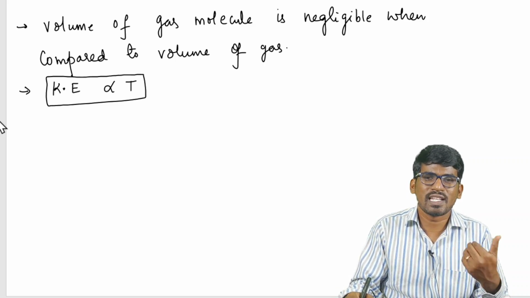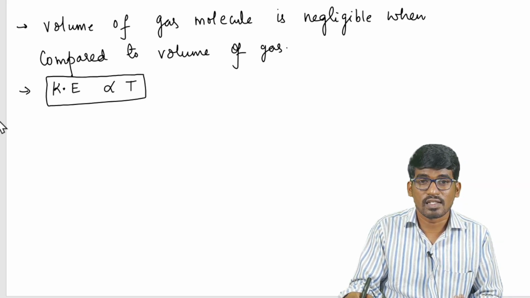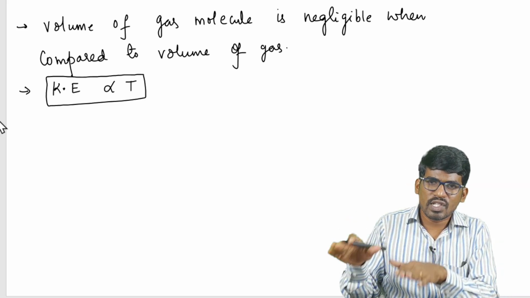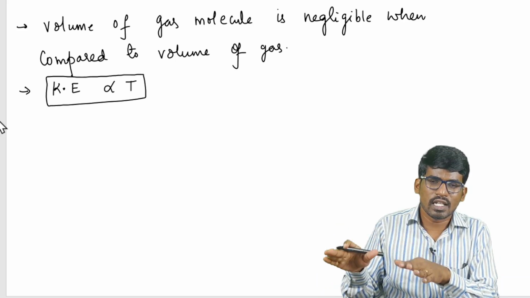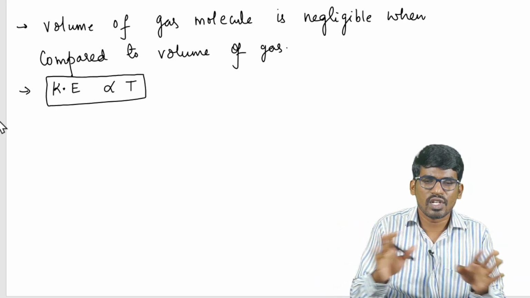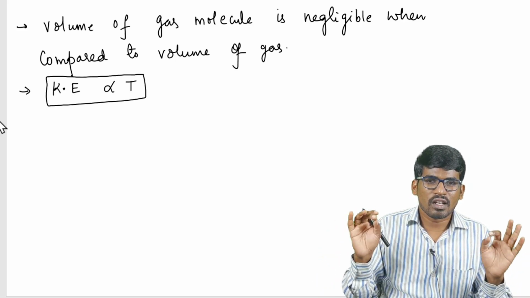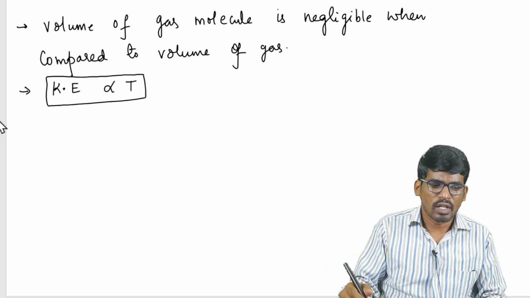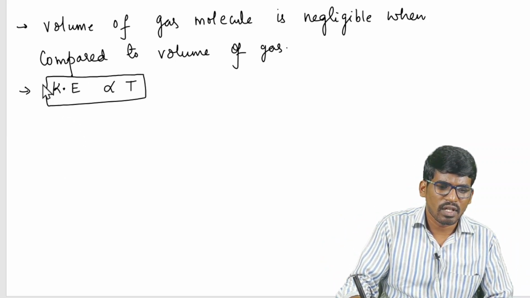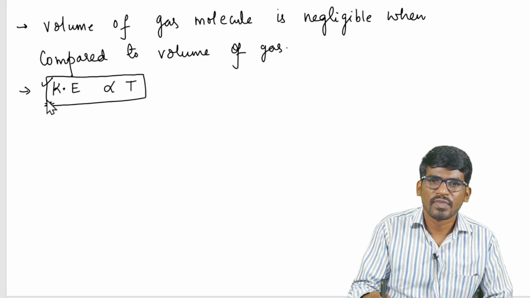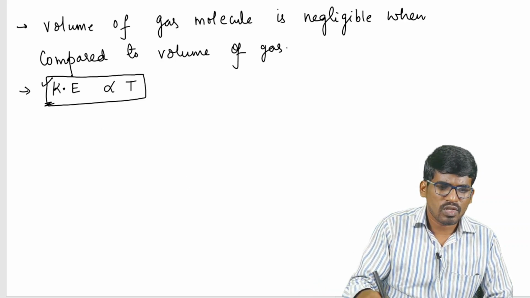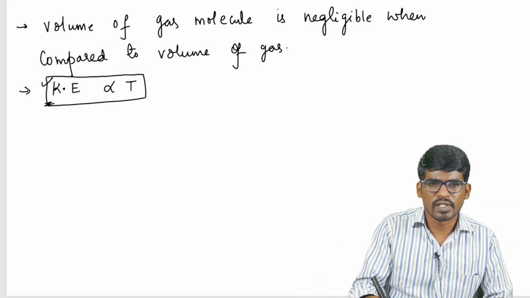By that, pressure exerted by the gaseous system also increases. But remember that when our temperature remains constant, kinetic energy remains constant. There is no change in kinetic energy unless we change the temperature. So that is also another postulate based on KTG. So these are the main postulates that can be given for KTG.